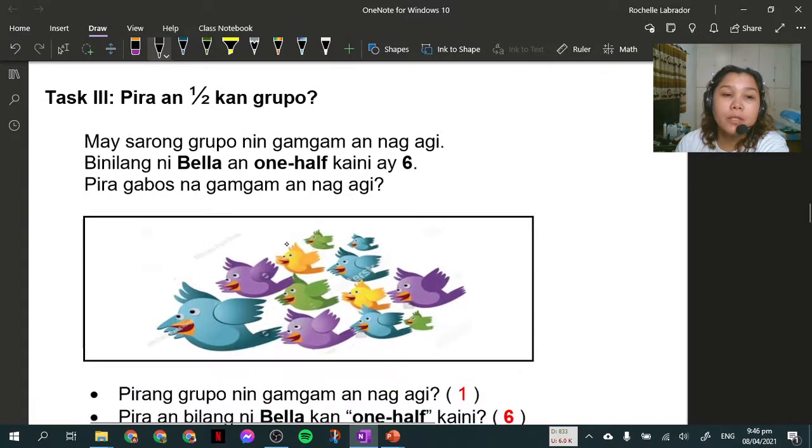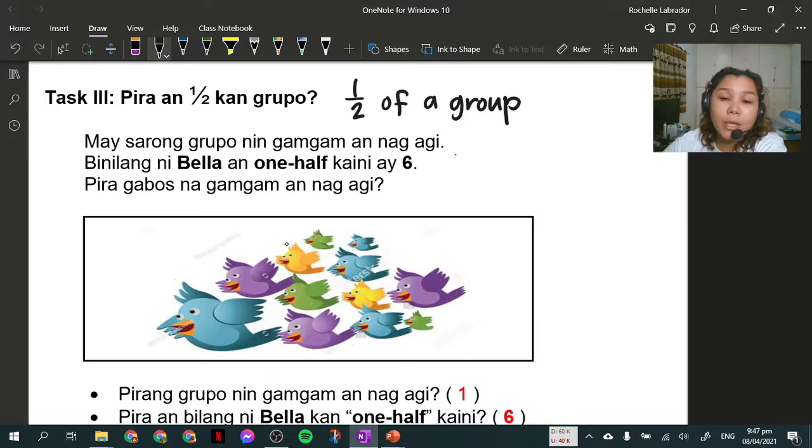Okay, let's proceed with the task 3. Piraan 1/2 kan grupo. So we go back to 1/2. 1/2 of a group. It means ano ang kalahati ng given group. So, may sarong grupo nin Gamgam ang nag-agi. Binilang ni Bella ang 1/2 kaini 6. Piragabos na Gamgam ang nag-agi.